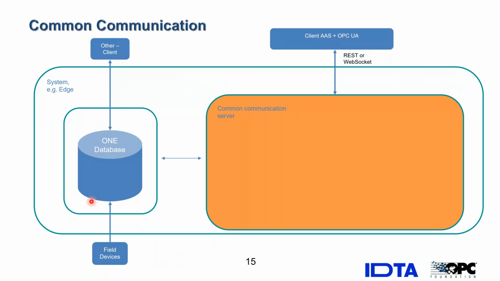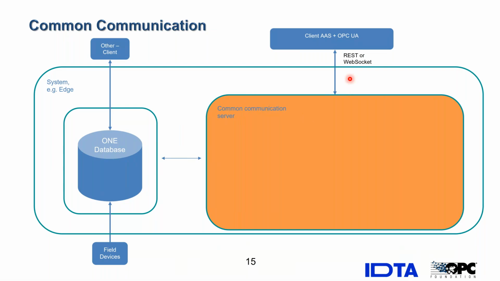Important is that you have sources to fill up that database. In our case, that are field devices and concrete for the POC, this is a drive from Siemens that we are using here. And all that information is collected in that one database. And this database is communicating with our common communication server.